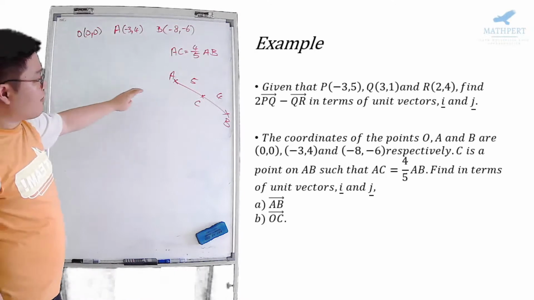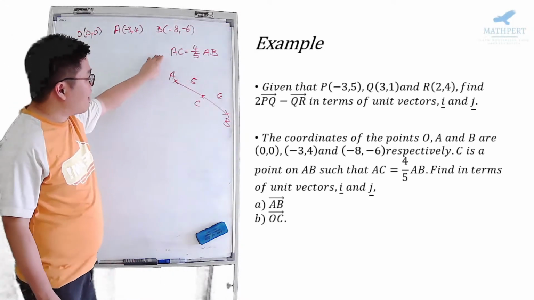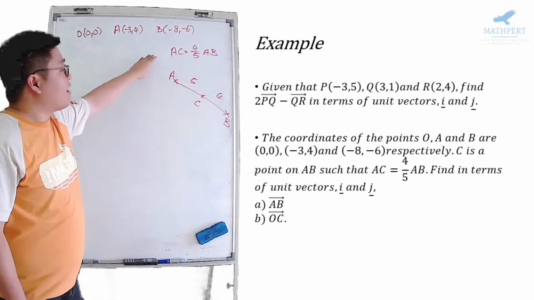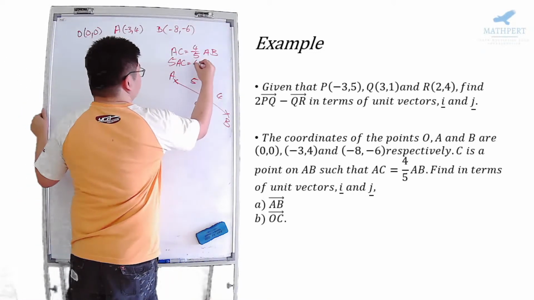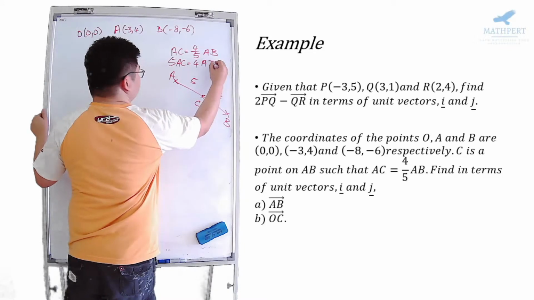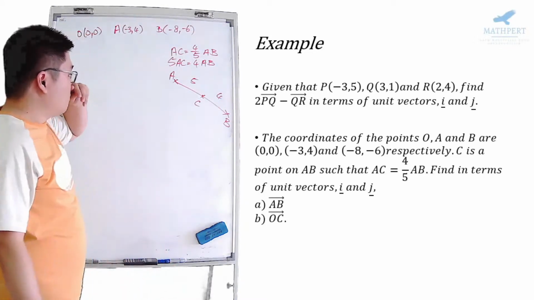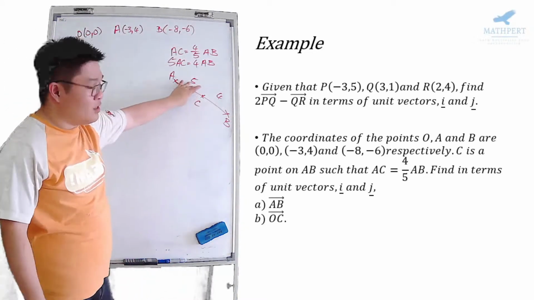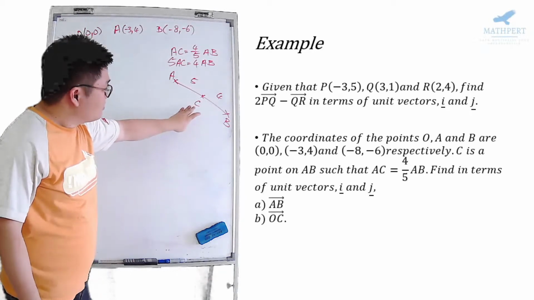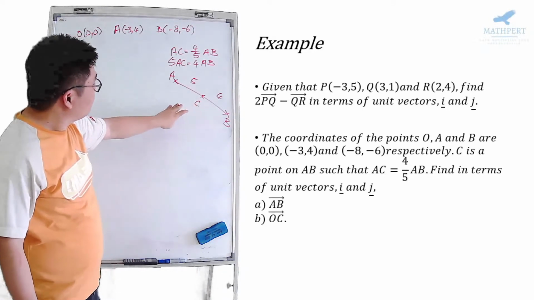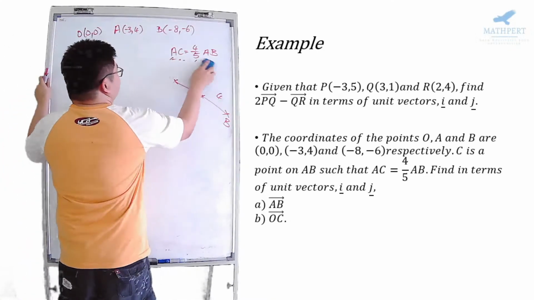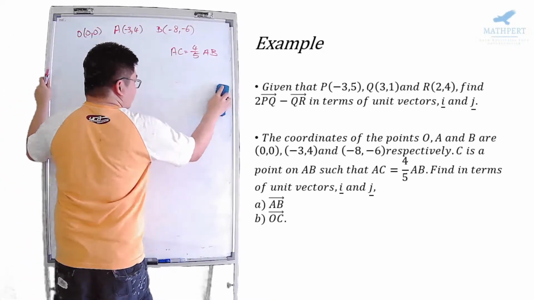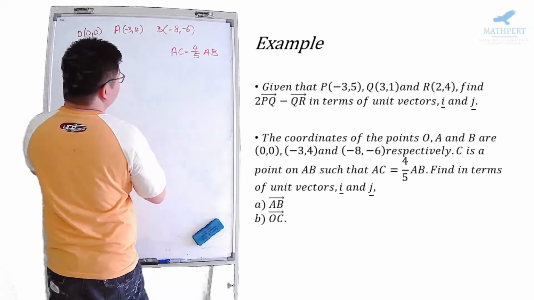I multiply 5 on both sides, then I get 5AC equals 4AB. So that means AC I have 5 units. CB, okay, hold on a second. Let me redraw it.